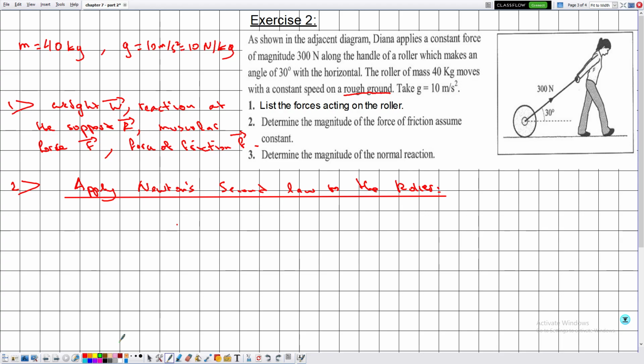Why did we think about using Newton's second law? Because in number 1 they asked me about the forces acting on the roller. Moreover, because Newton's second law allows us to determine properties related to the force, and in this case we are interested in determining the force of friction. So step number 1 is to list the forces or represent them. Step number 2 is to choose a reference system.